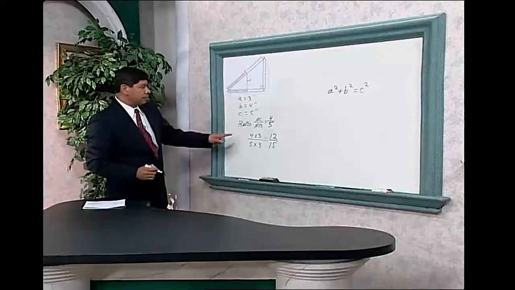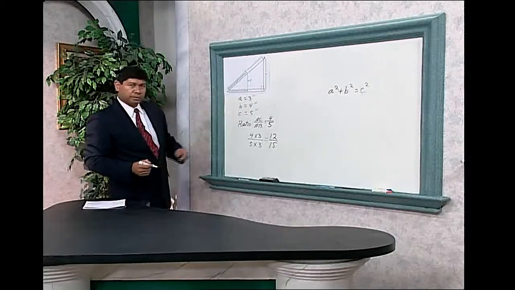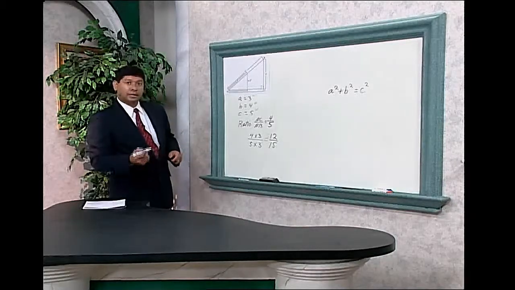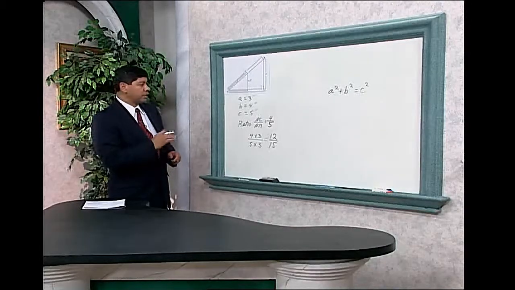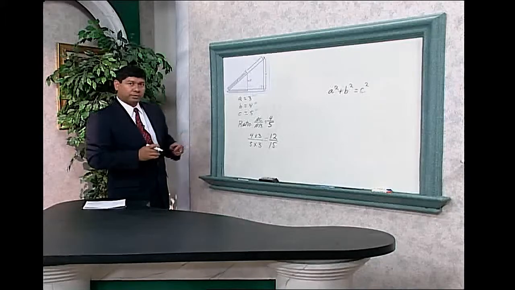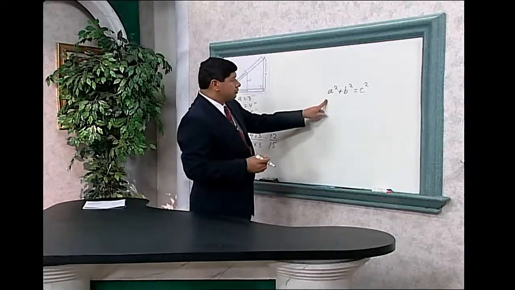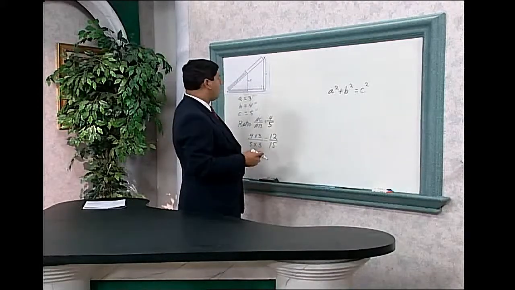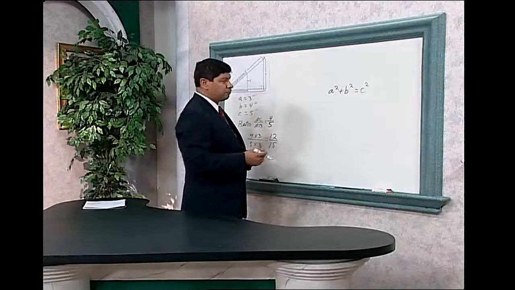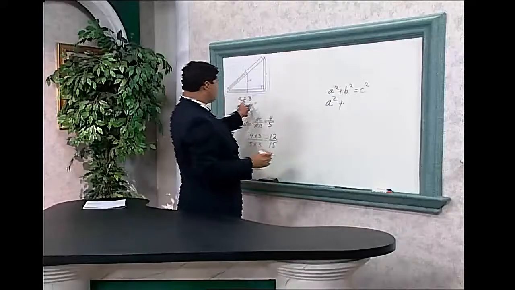Since we multiplied all sides by a constant factor of 3, A, which is 3 inches, should then be 9 inches. Well, let's see if that checks out. We can prove the proportionality by checking with the Pythagorean theorem and plugging in some numbers. Again, the Pythagorean theorem states that A squared plus B squared is equal to C squared. A for right now, let's leave blank. So we'll put A squared plus B squared.